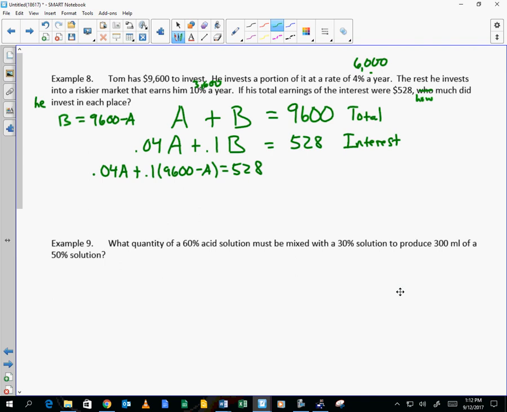I substituted this in for B, since B was equal to that.